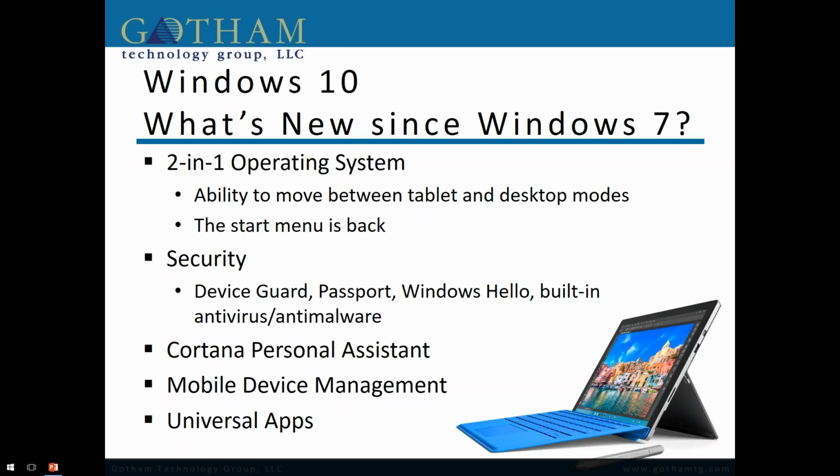So one of the big changes in Windows 10 is this whole concept of a two-in-one operating system. Basically what that means is that you have this so-called desktop mode, which is us running Windows from our desktops, which is very keyboard and mouse-centric, to the tablet/desktop mode, which is more about touch and smaller screens.